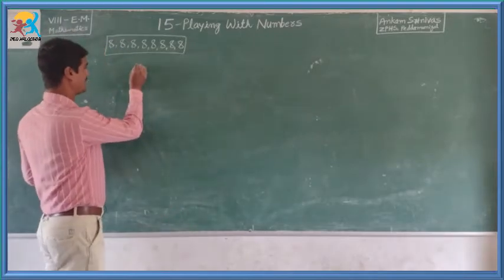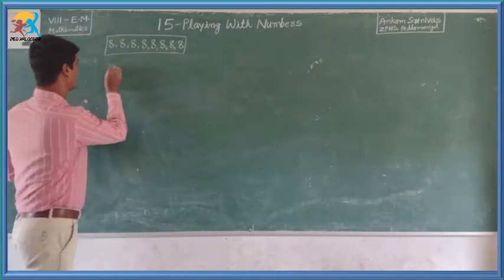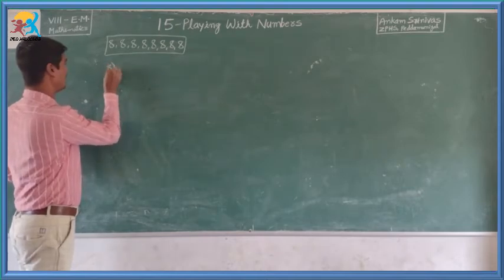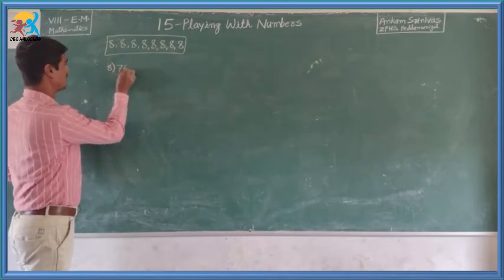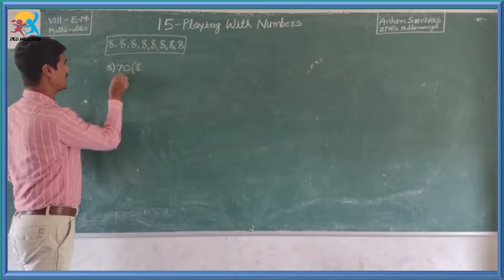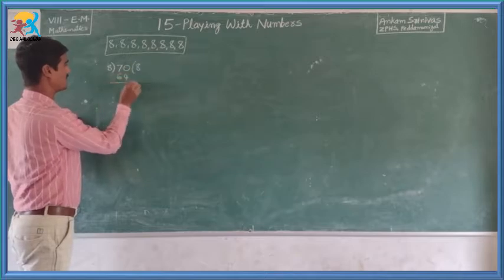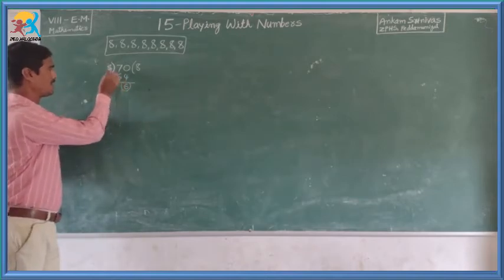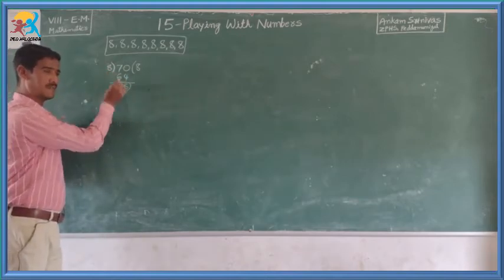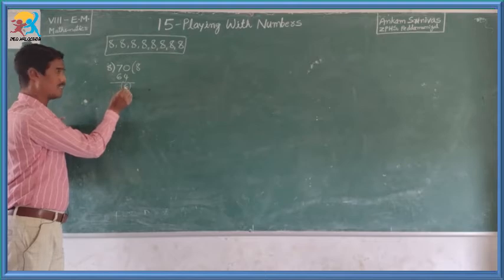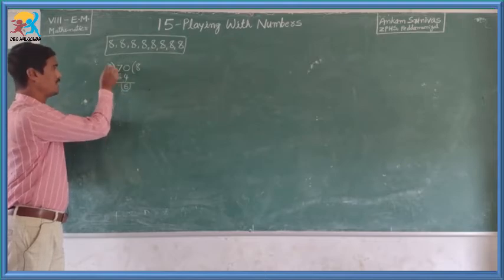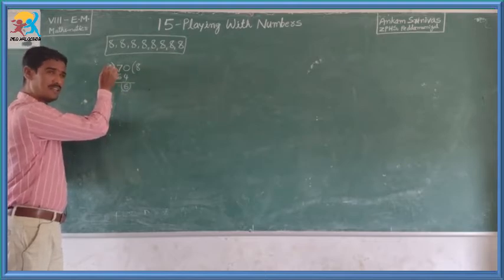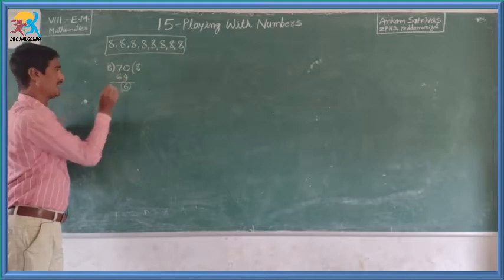Let's take the division here. 8 eights are 64. What is the remainder here? 0. When divided by 6, the remainder is always less than 6. When divided by 8, the remainder is always less than 8.